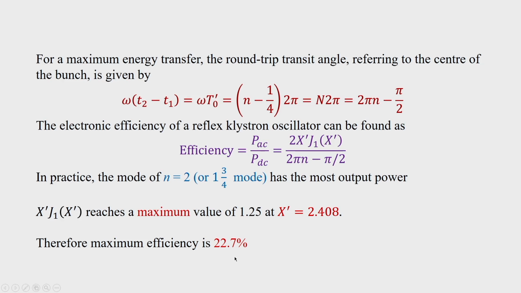In the beginning of this discussion, we have mentioned that reflex klystron has efficiency ranging between 20 to 30%. So, we get a value of 22.7%.